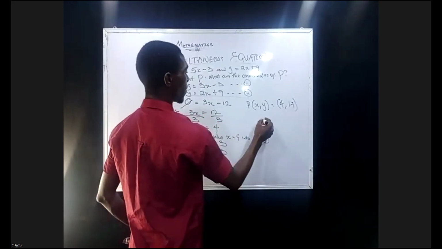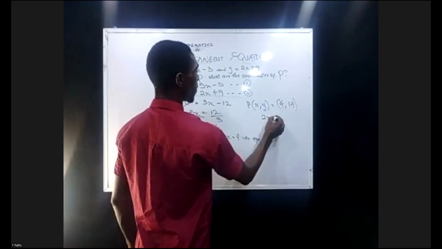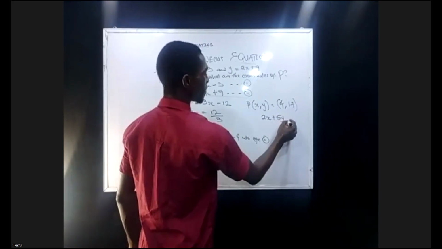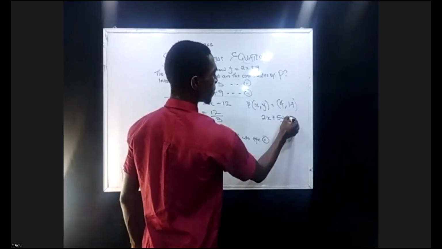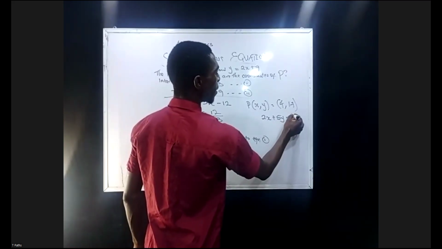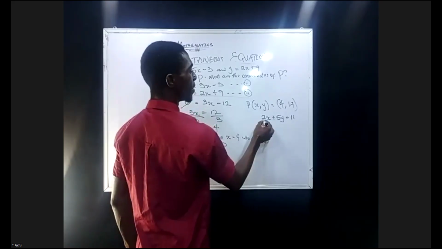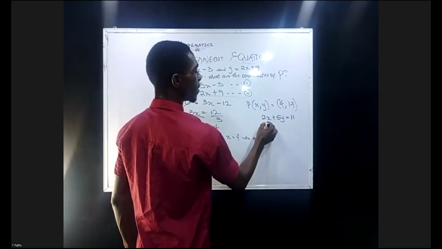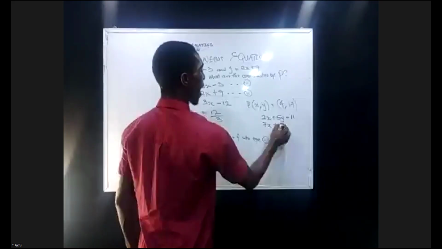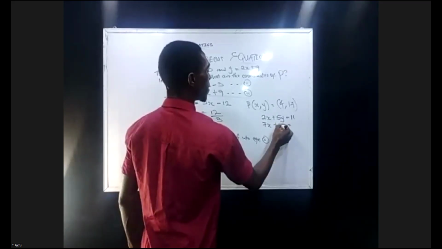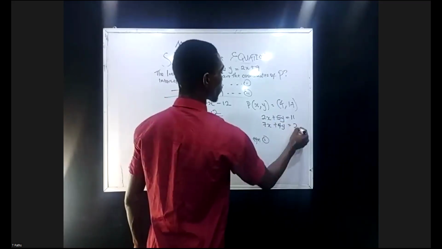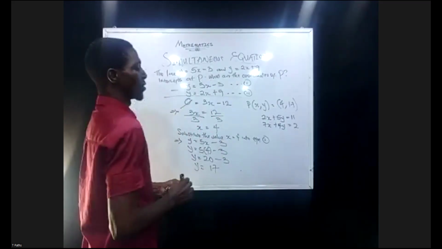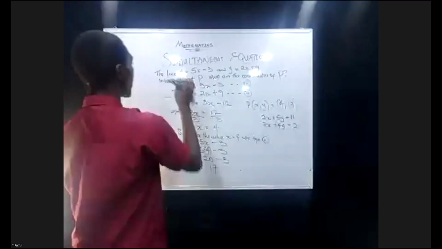2x plus 5y equals 11, then 7x plus 4y equals 2. Yes, we have to solve simultaneously.